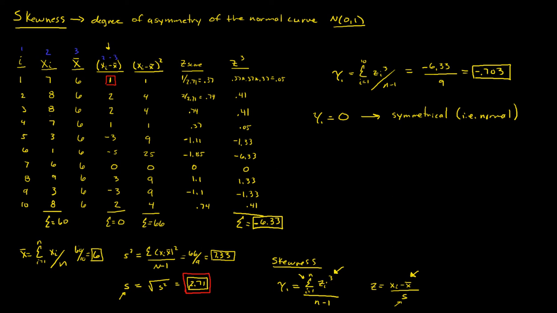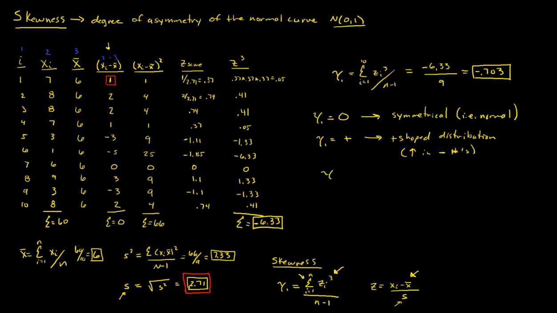If gamma 1 is positive, then you have what's called a positive shape distribution. And we're going to talk about the shapes of these in another video, but you have a positive shape distribution, which means you have an increase in negative numbers.